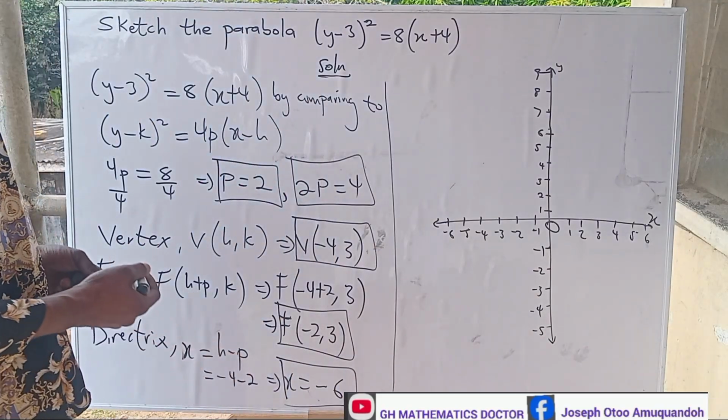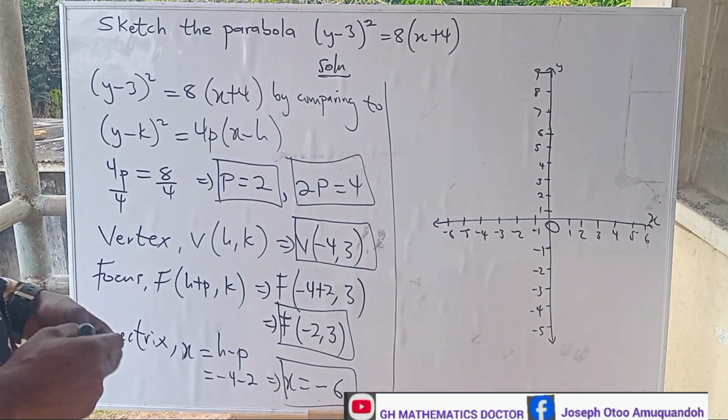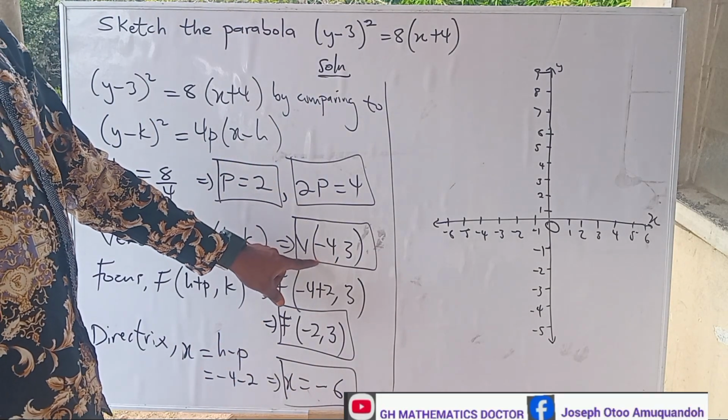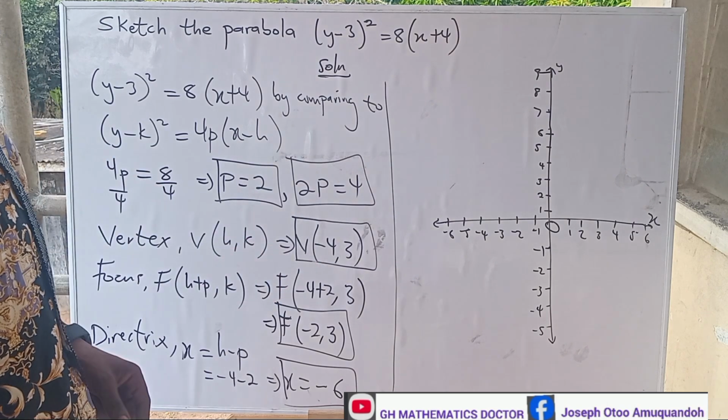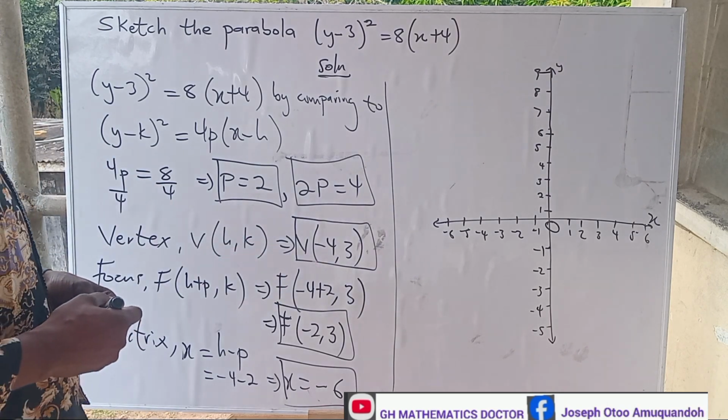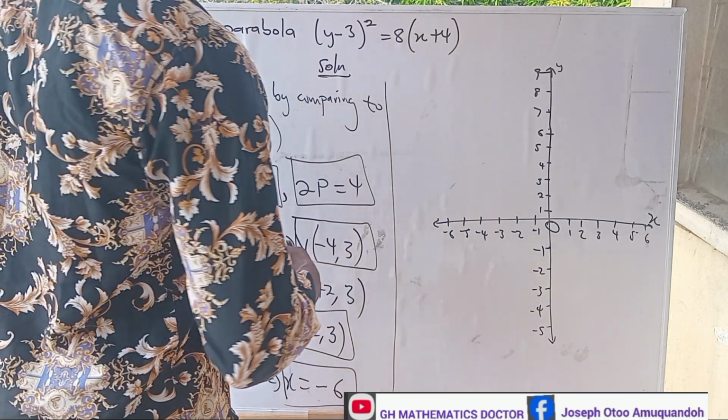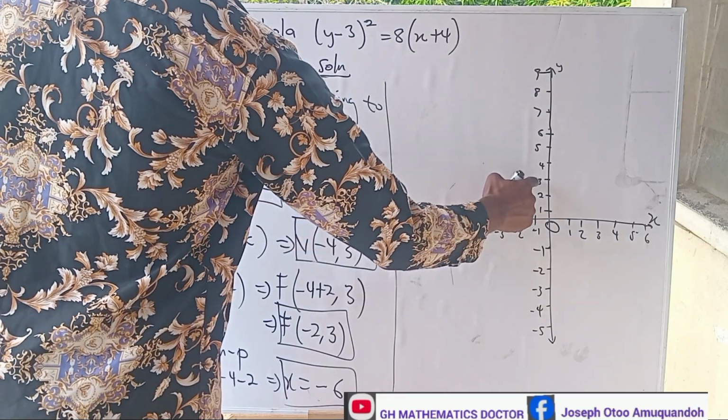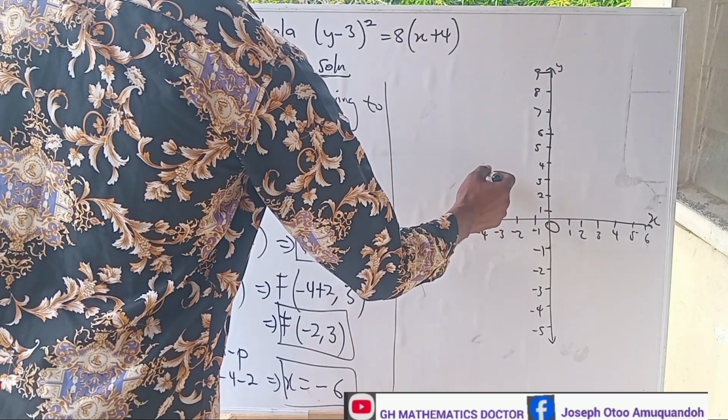All right, so we are now supposed to show our new points or the vectors for the parabola. So that is (-4, 3). (-4, 3) meet here.